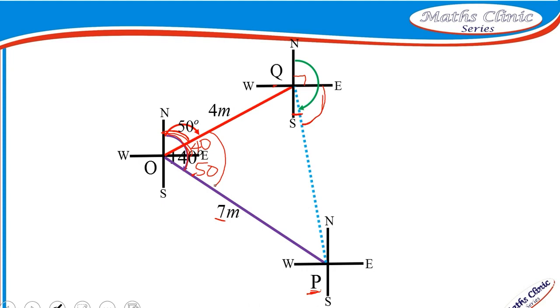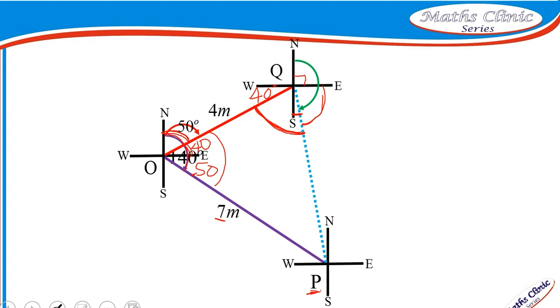Hope that is clear. Now our target is to know this angle here. If I know the angle between the red line and this blue line, of course I know that here is 40 based on alternate angles. So if I know the remaining angle here and I subtract that angle from 230, I'll get the bearing.